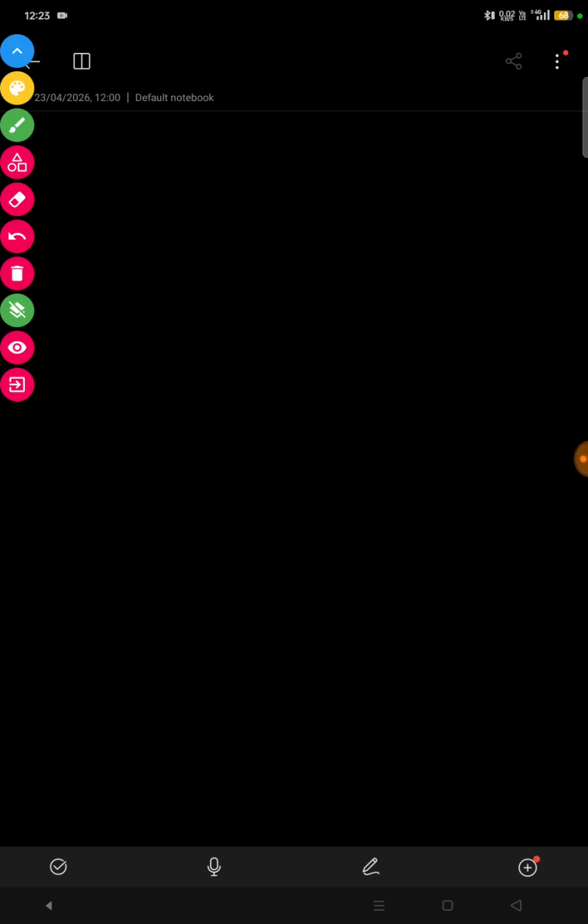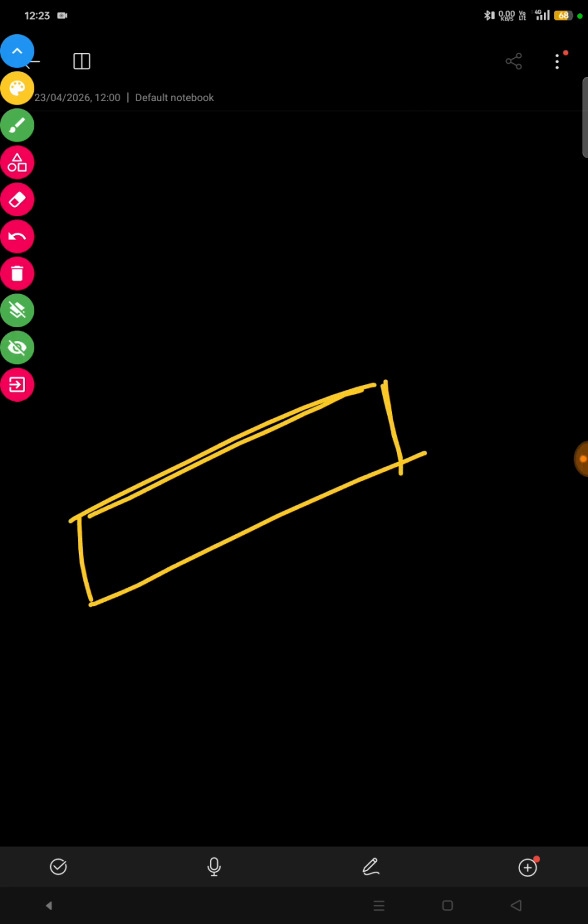Now let's talk about the flow of current. Let's take a metal. Suppose this is a metal, and in this metal there are n number of electrons present.